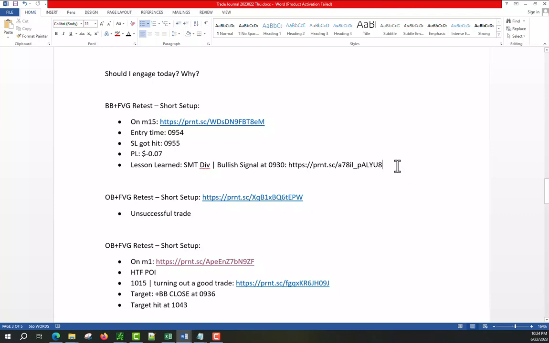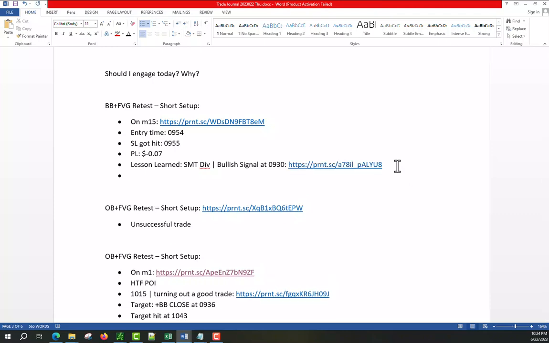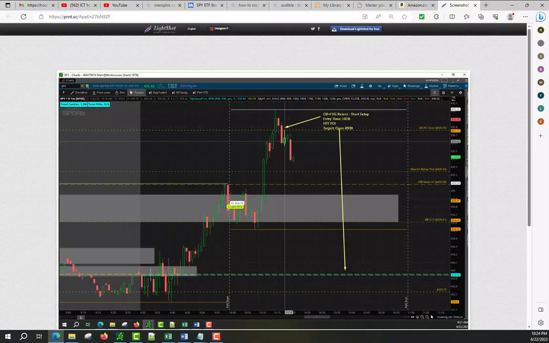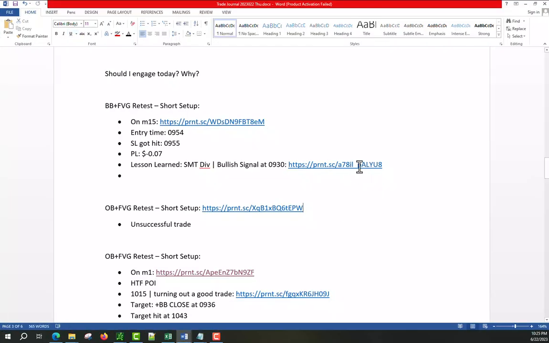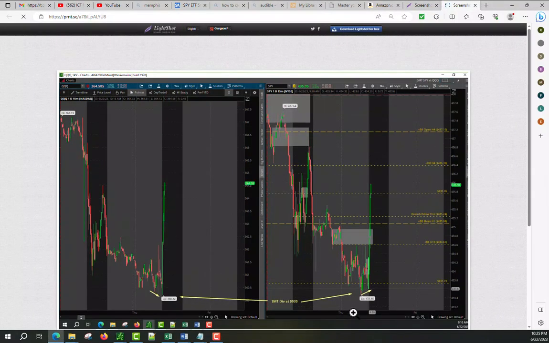Let's look again at what we are seeing from the divergence. Just a review. Right here, basically at 9:30 the SPY makes a higher low, basically it failed to make a lower low, while the QQQ makes a lower low.